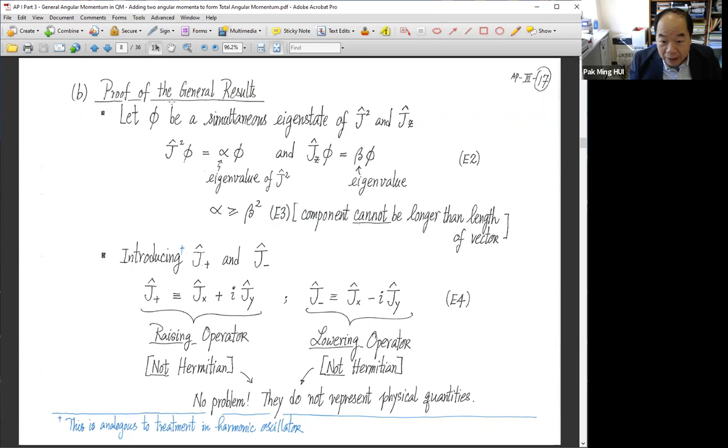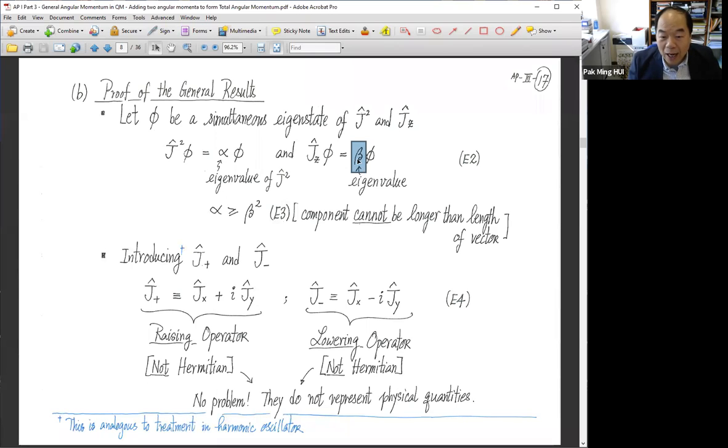And since this is a simultaneous eigenstate, the same phi has an eigenvalue beta for Jz. So we start off with general alpha and beta, and we look for the constraints or regulations that beta and alpha must obey, okay?